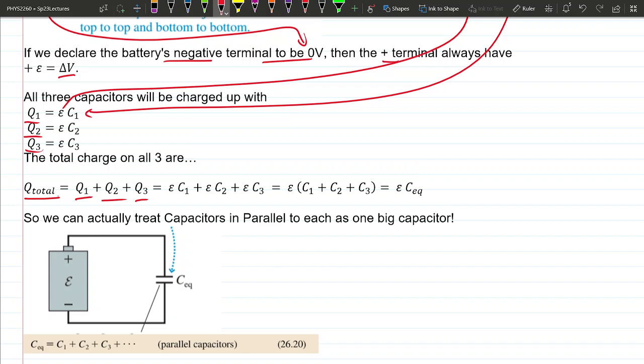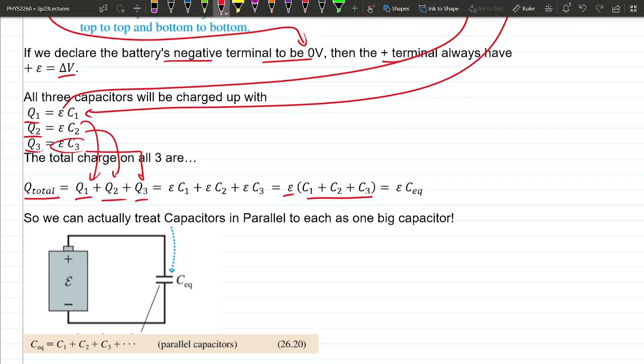Since we have all these relationships, we can replace all of this with EMF times C1, EMF times C2, EMF times C3. Since the EMF is the same, with a little algebra we can factor out the EMF, and we end up with C1 plus C2 plus C3.